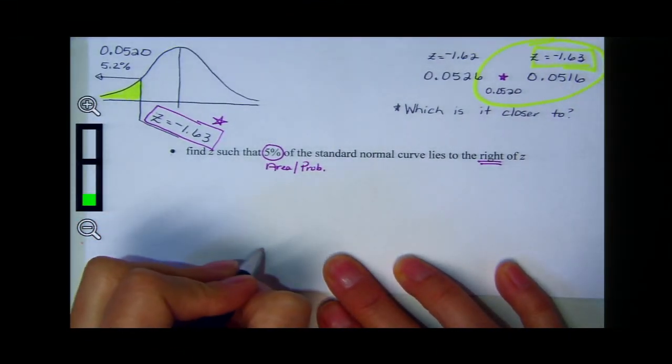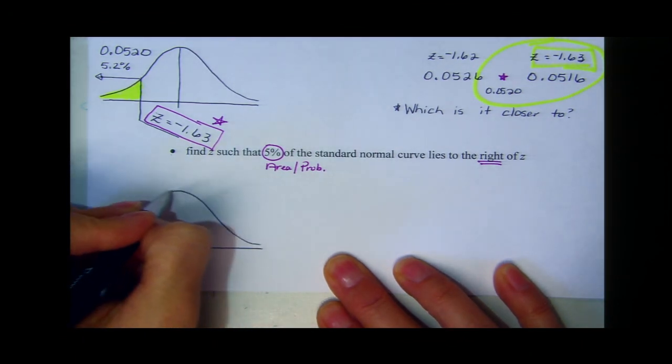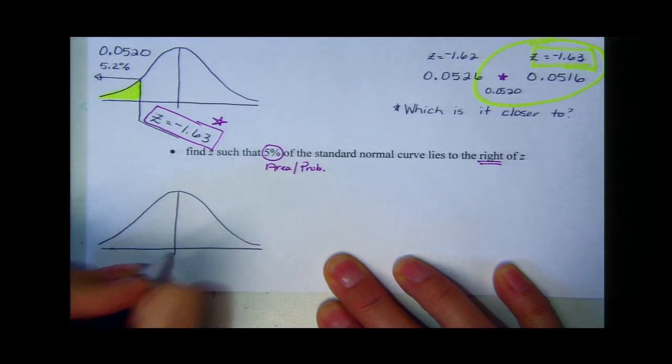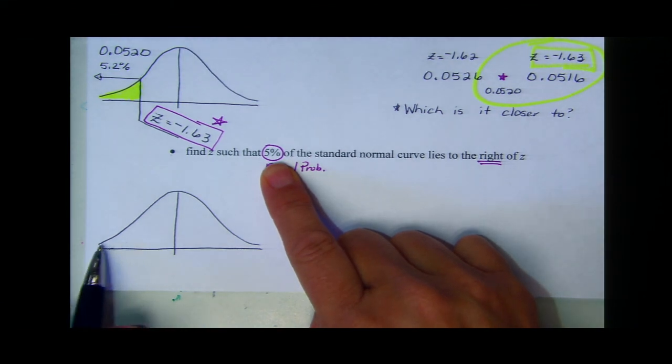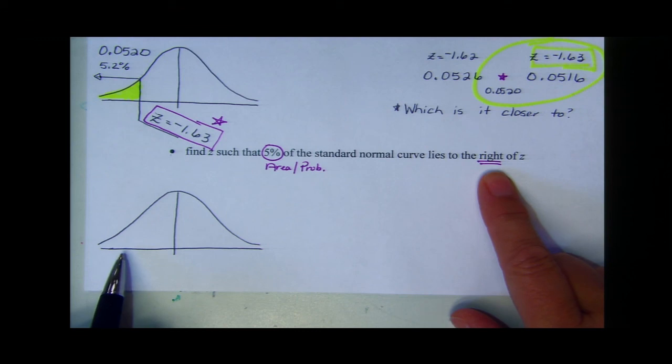All right, so I have my curve. And I'm going to find mu. Now, I'm not shading in very much, but I'm not going to go over here and shade 5% because it tells me to shade it to the right.